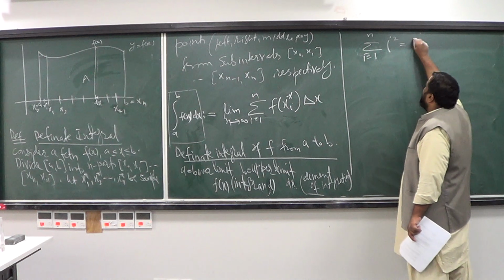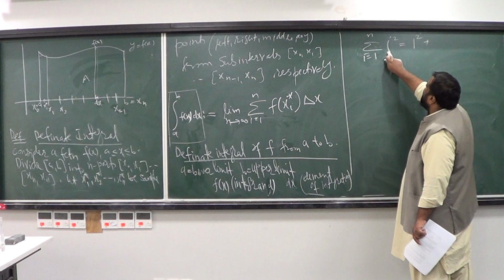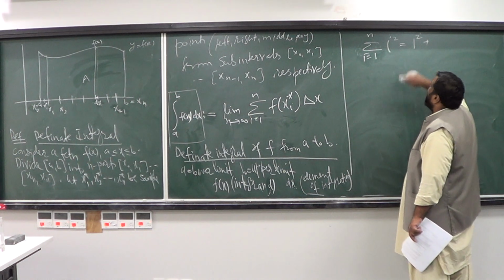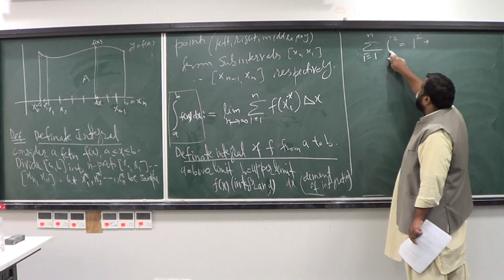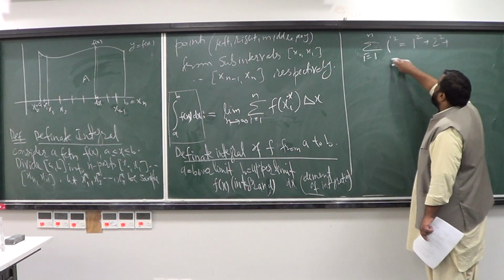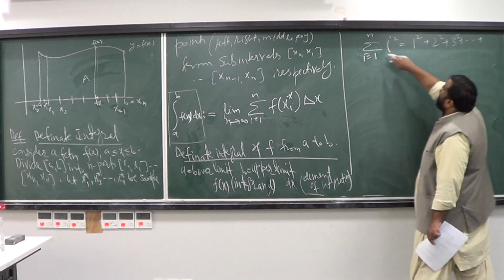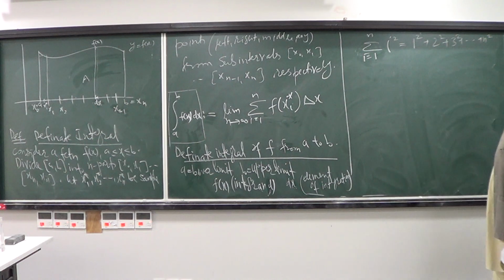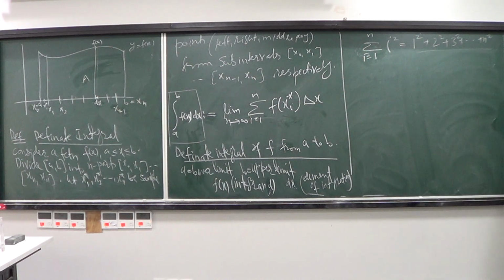Take i equal to 1 and substitute it into the formula, so you get 1 square. Then take the next, which is 2, and substitute, so it's 2 square. The next is 3 square, up to n: substitute n, so it's n square. Rather than writing this big expression, this is a shortcut.